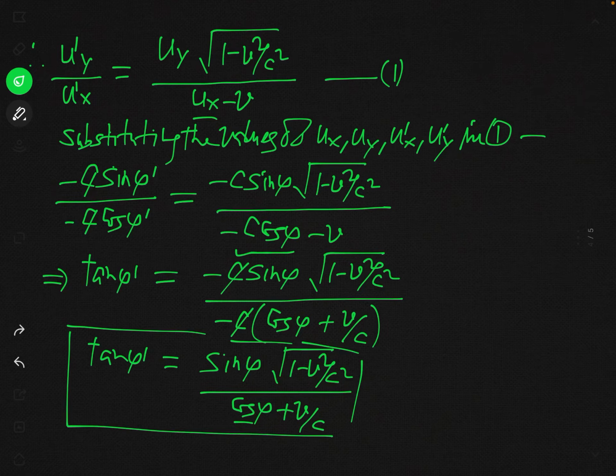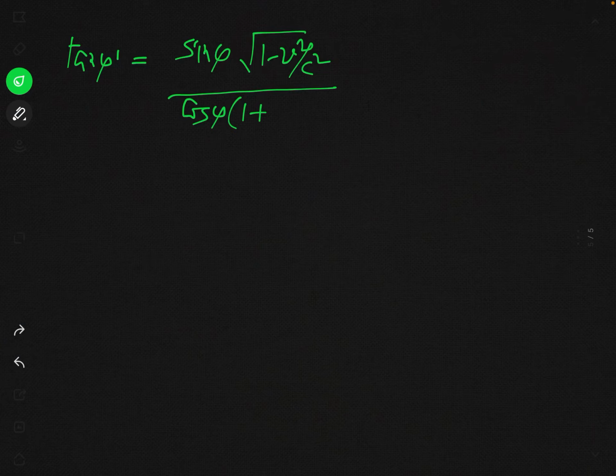Here will be 1, and in second term there will be v by c cos phi. So this will be v over c cos phi. Now you can see this sin phi over this cos phi will be tan phi.